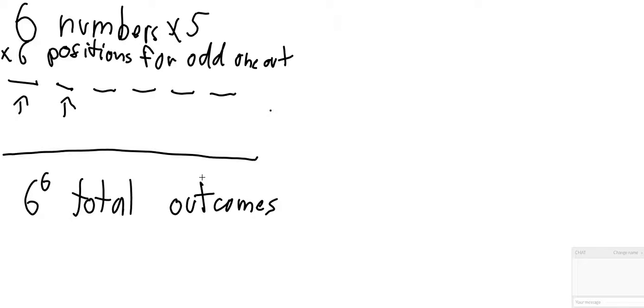Let me give you an example. So again, let's go to 2, 1, 2, 2, 2, 2. Sometimes it's nice to draw things out. This number qualifies, right? And the odd one out is in this position, right here. What if I make this a 4?